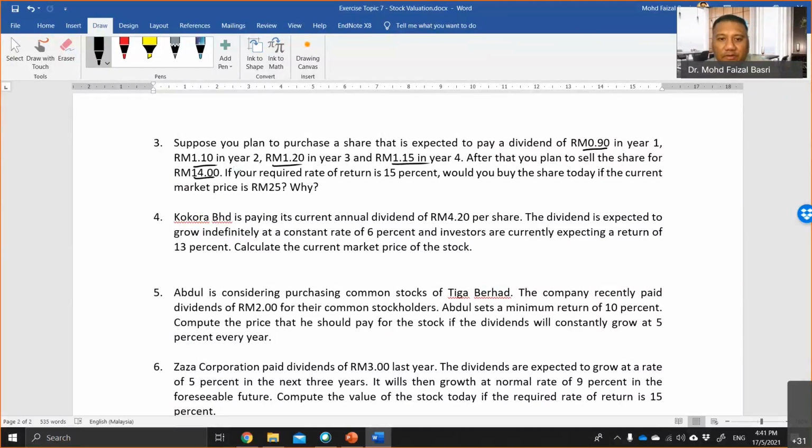If your required rate of return is 50%, would you buy the stock today if the price is 25 ringgit? So which model? This is model number 2, sorry, not 1. This is model number 2 in constant dividend.